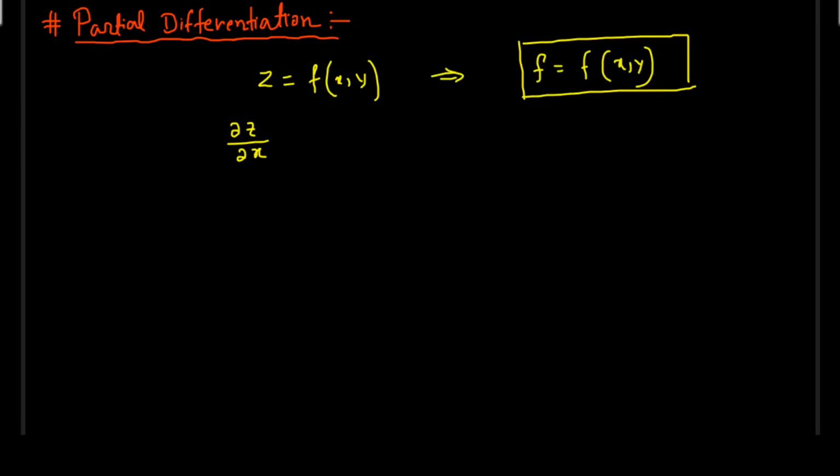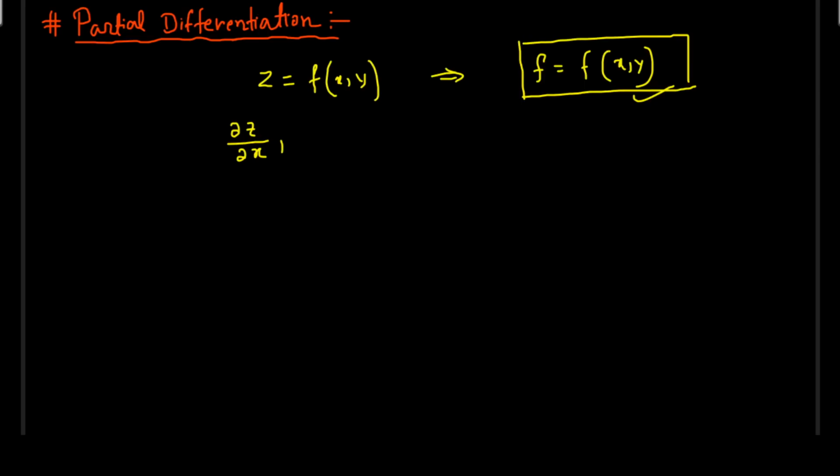So we can take del z upon del x, or the differentiation of z with respect to x only, when y is fixed, or if there are other variables, then all the other variables are constant and only x varies.